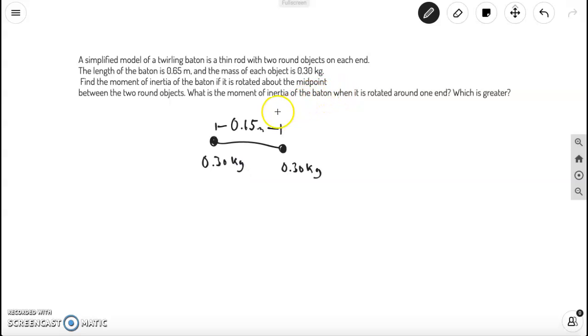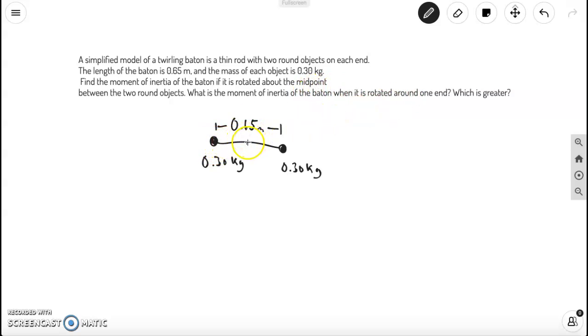And it wants you to find the moment of inertia of the baton if it is rotated about the midpoint. So if it's spun right here. And then after that, what is the moment of inertia if it is rotated about one end?